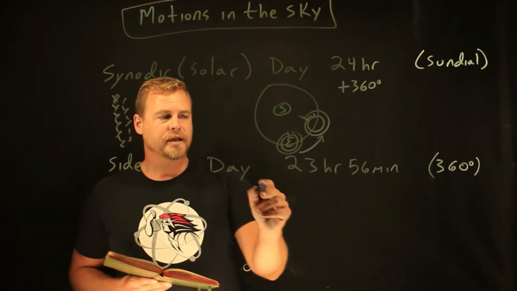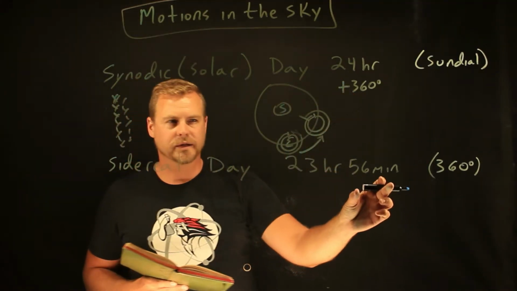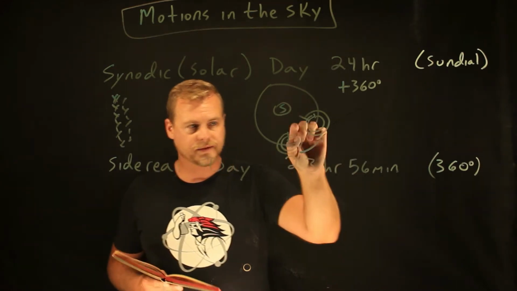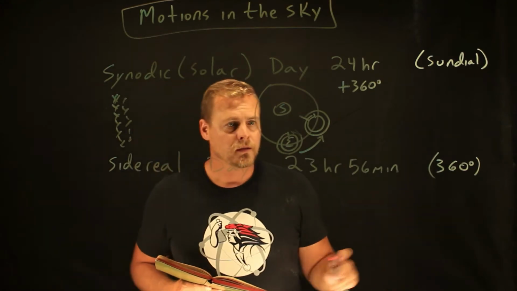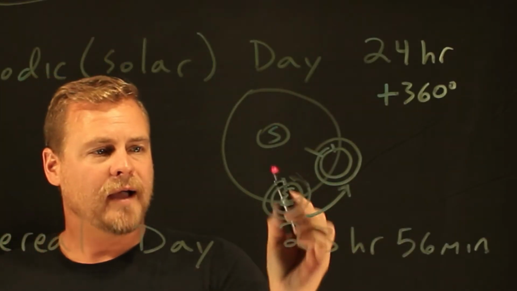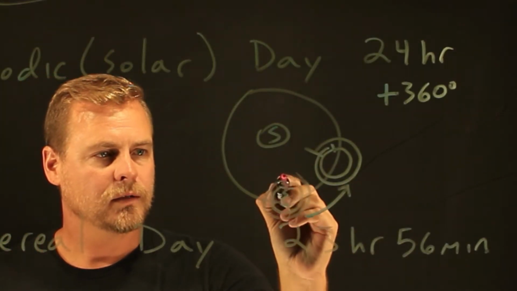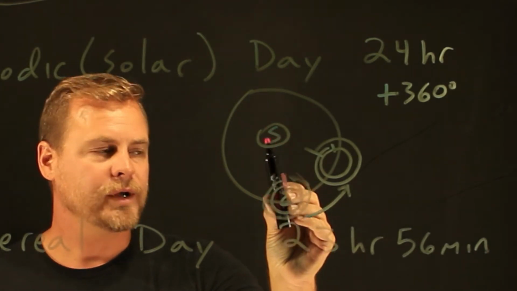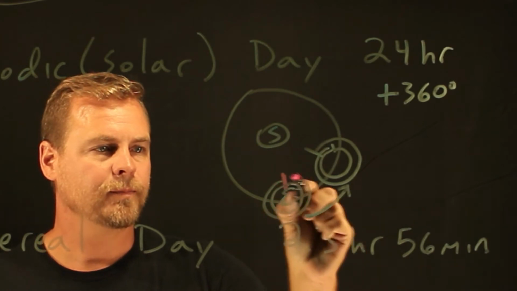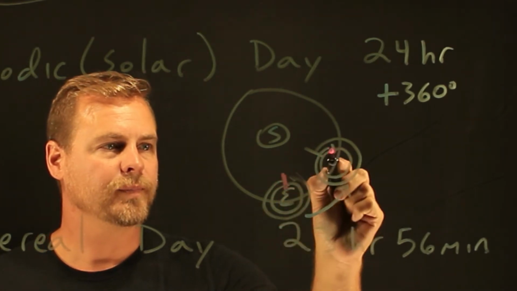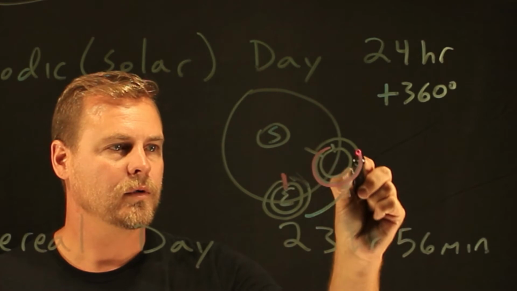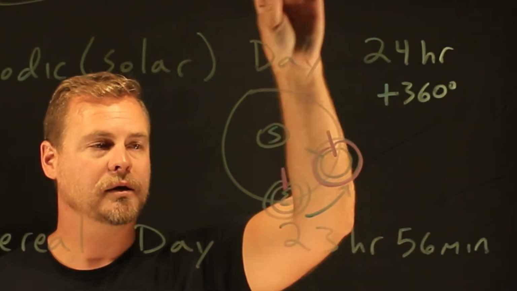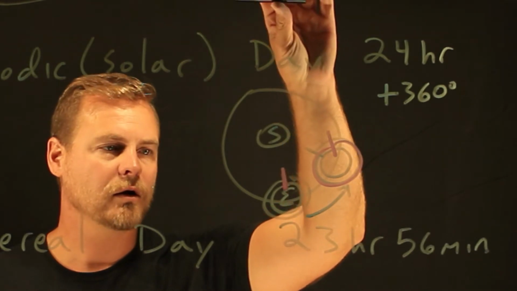Now for a sidereal day, it's 23 hours and 56 minutes. So I'm in a different color. I'm going to draw on the same picture. Now if I started out looking at the sun on day one, 360 degrees later I would be going from here back to here, and I'm still looking at the same background stars.